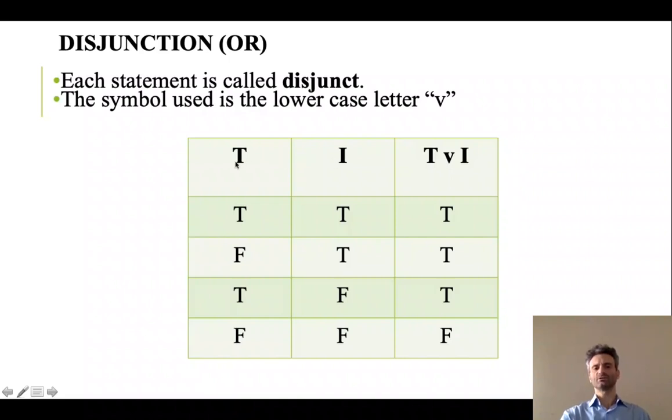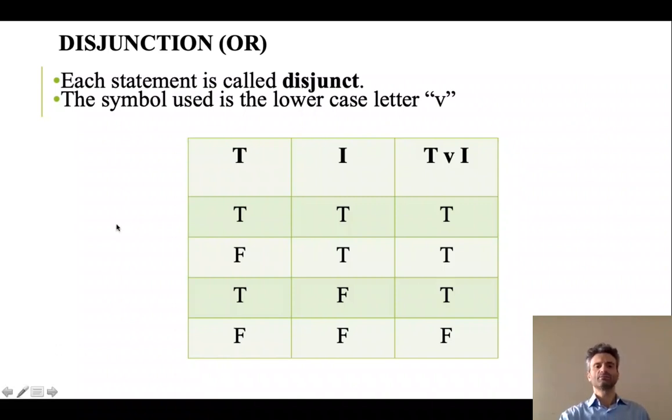So naturally you can see that if I say to you, it is true that either Charlie is tall or he is intelligent. So whichever one you pick, if one of these two options is true, the compound statement is going to be true.